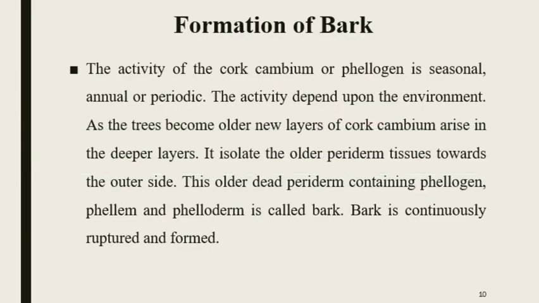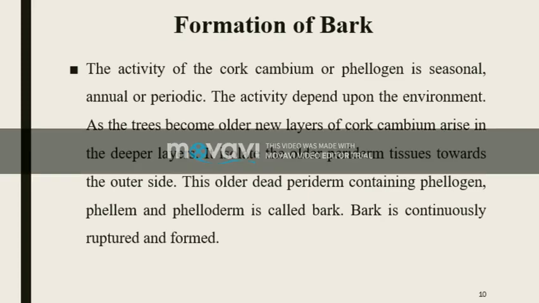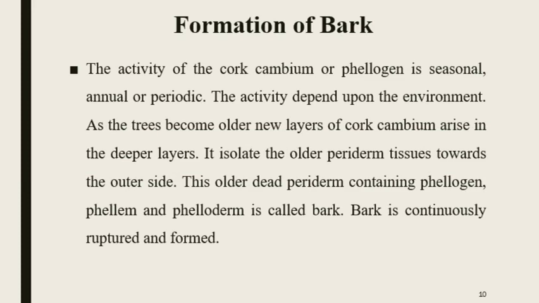Formation of bark. The activity of the cork cambium or phellogen is seasonal, annual or periodic. The activity depends upon the environment. As the trees become older, new layers of cork cambium arise in the deeper layers.